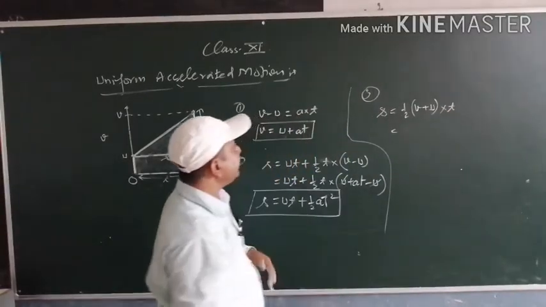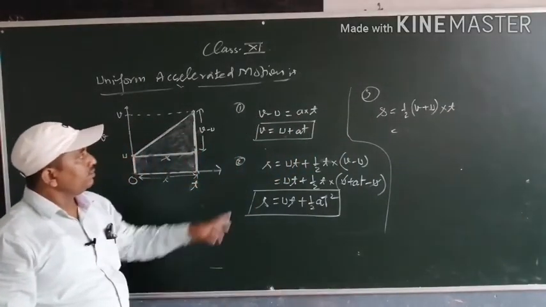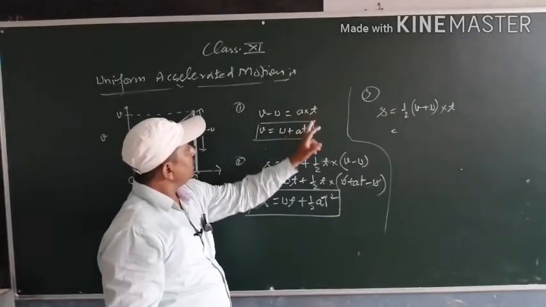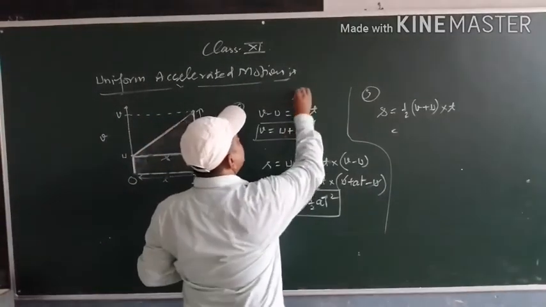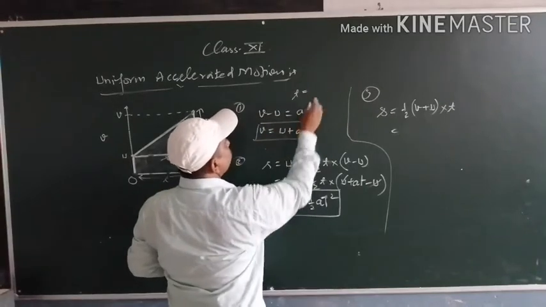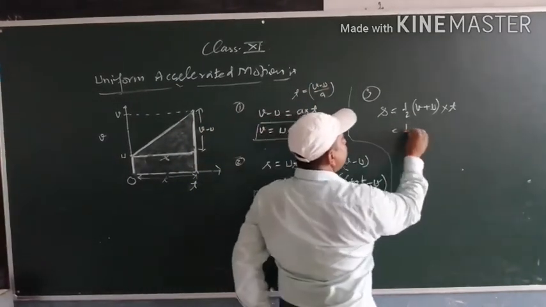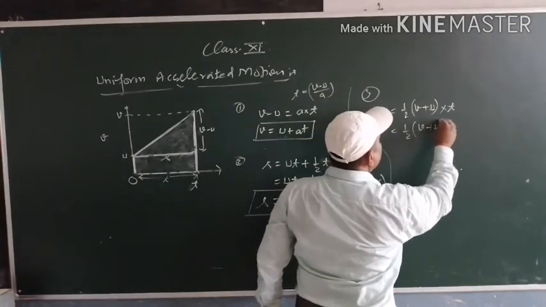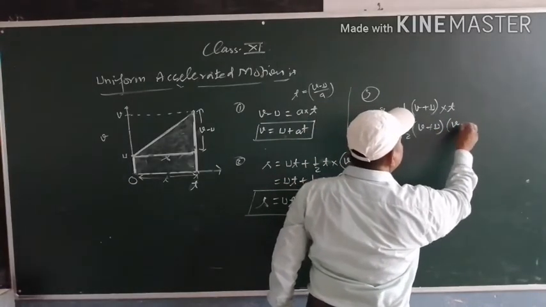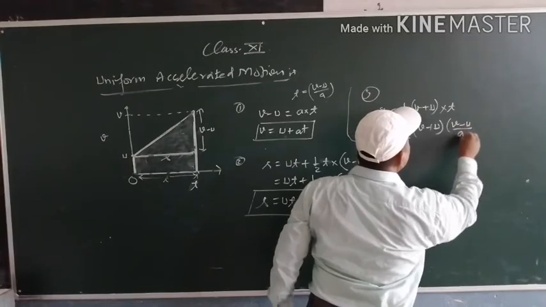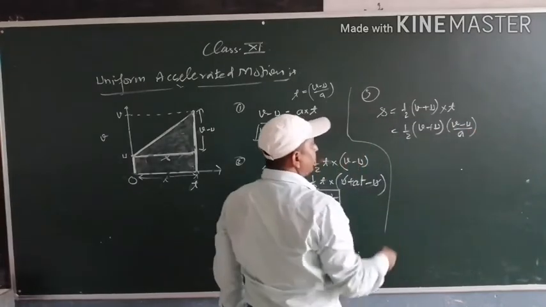If we eliminate t from here with the help of the formula t equal to v minus u by a, we easily get the value of t replaced by v minus u by a.